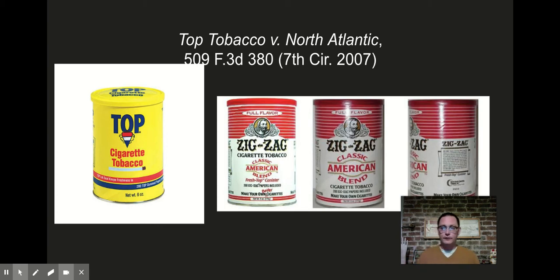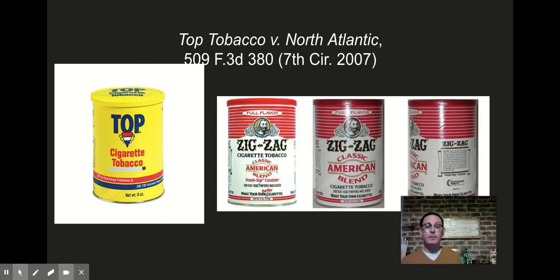You can see the little circle R there on the Top brand logo, indicating that the mark has been registered, and it's associated with a spinning top in red, white, and blue. Okay, so this is a well-known mark among tobacco smokers and available for sale under the brand name Top.